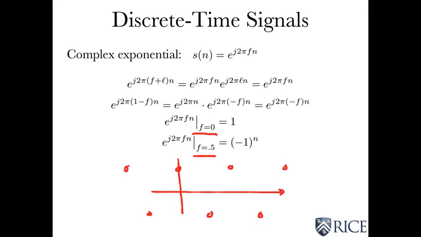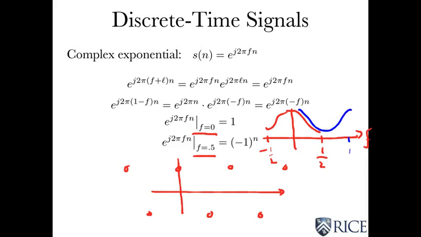So when we talk about quantities that are functions of frequency, we're either going to define them over minus a half to a half, that's a period, or we can talk about them as a function from 0 to 1 and realizing that this part is the same as that part. This is positive frequency, this part is negative frequency in that range. That's the one difference, a very important difference between discrete time signals and analog signals.